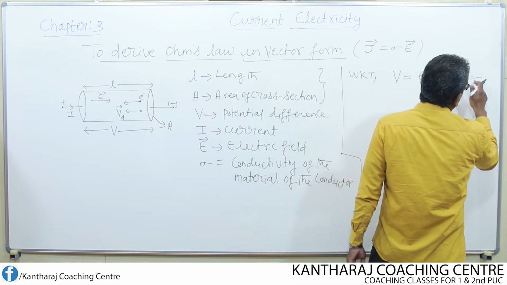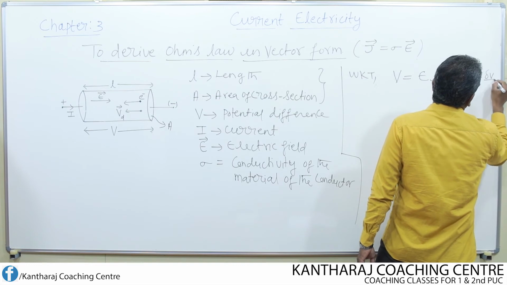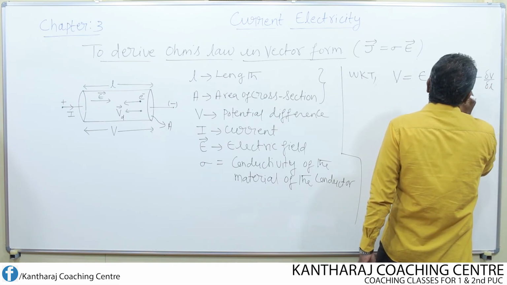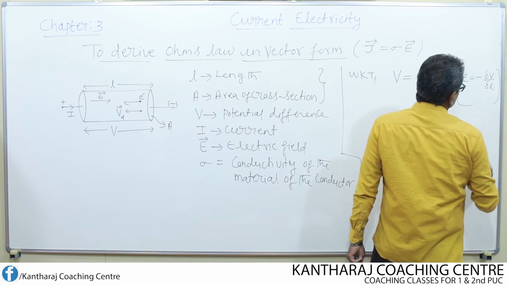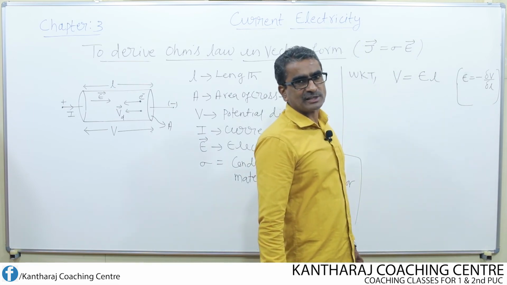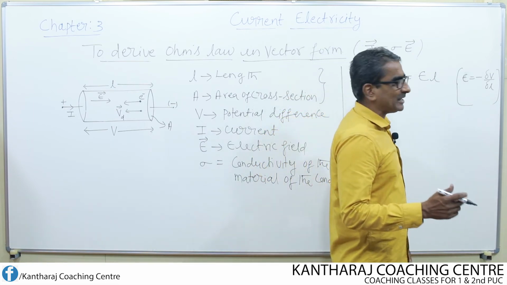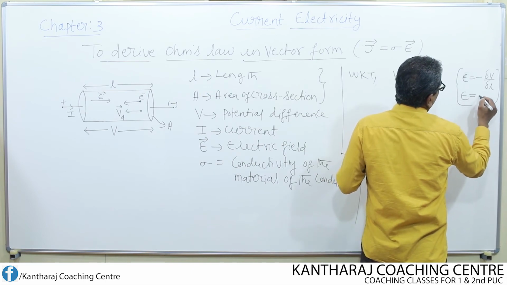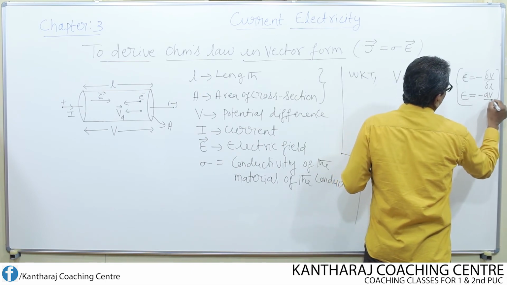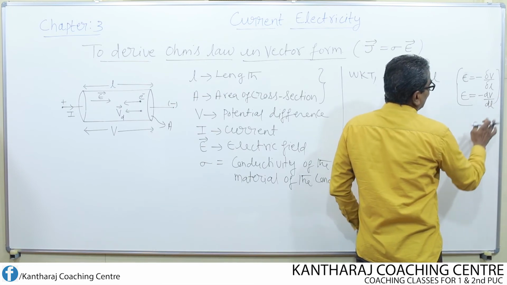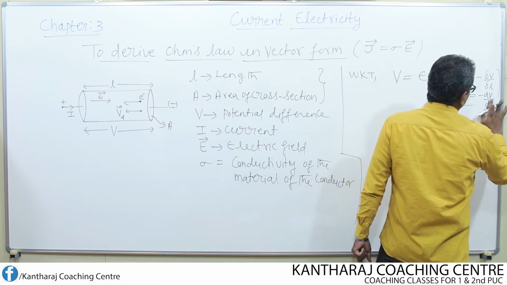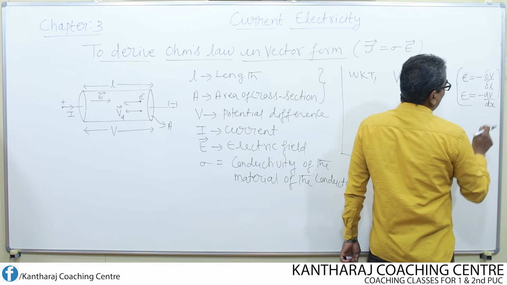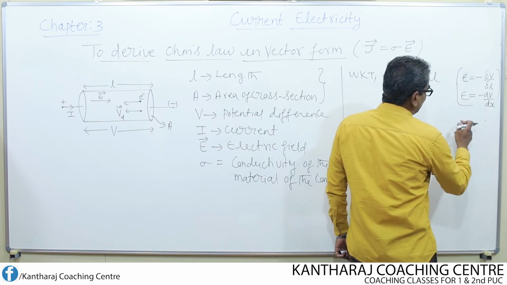That means E equal to minus delta V by delta L. We derived this equation in the second chapter of electrostatics. The same equation can also be written as E equal to minus dV by dL or dV by dx. What is dV? The potential difference between the two points.